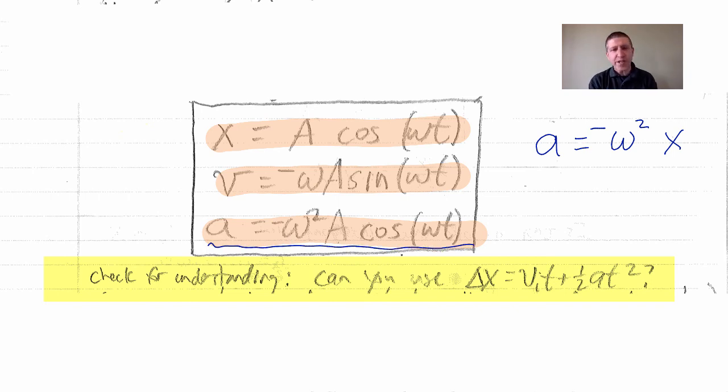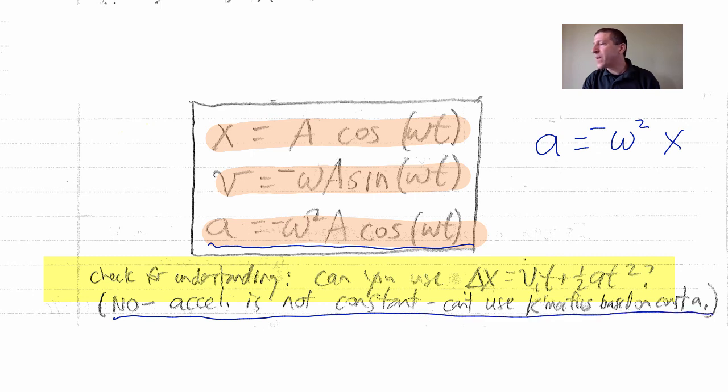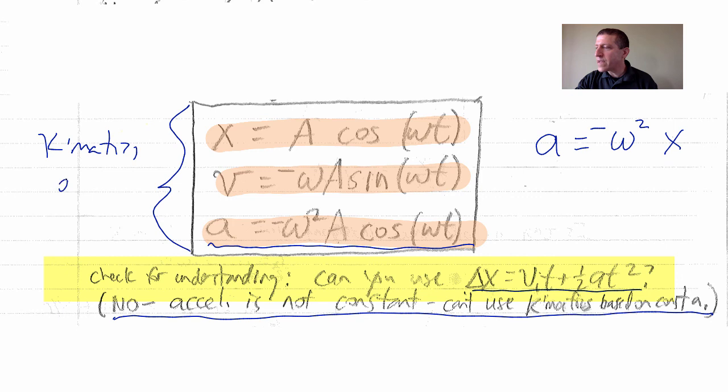The acceleration changes. So the answer is no, you cannot. Acceleration is not constant, so you can't use kinematics based on constant acceleration, which this is an example of. You can use the other kinematics, which we've just outlined right there, the kinematics of simple harmonic motion. All these equations work. This is kinematics of SHM.